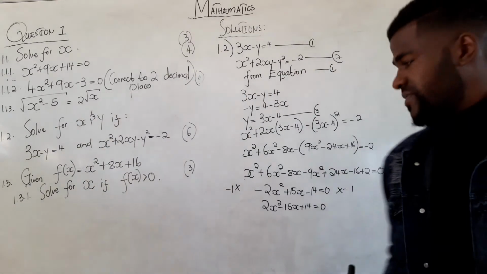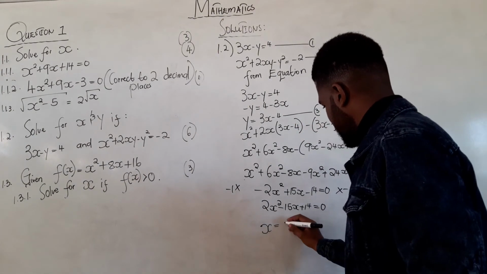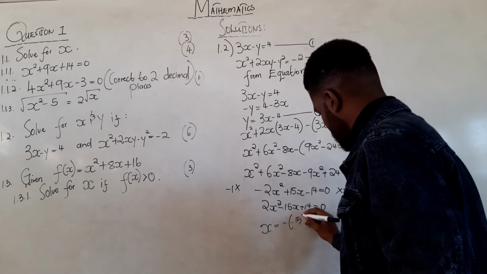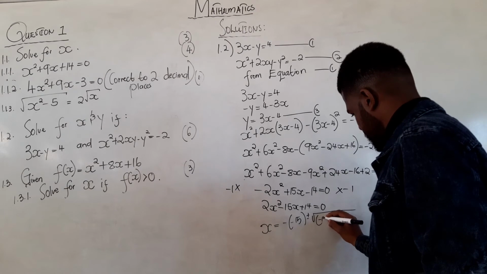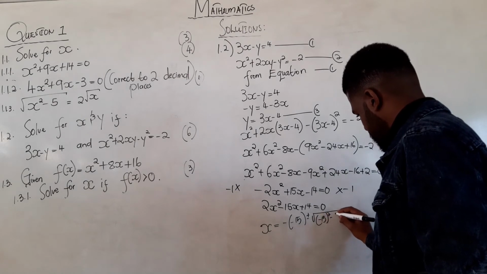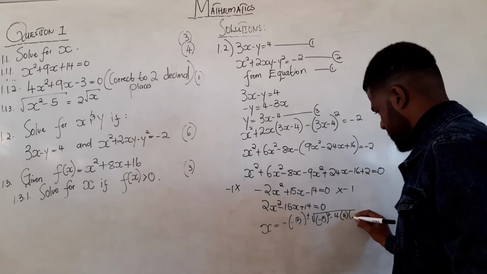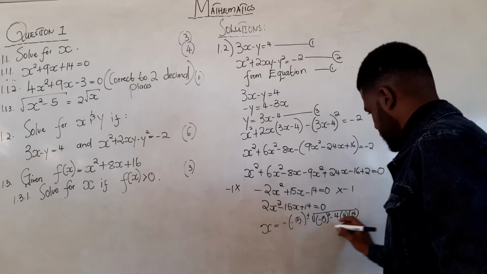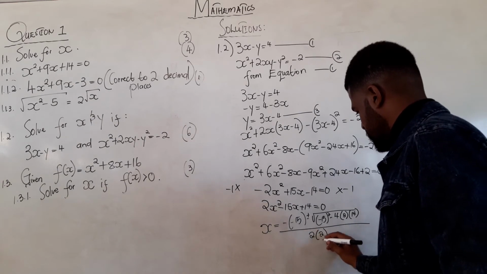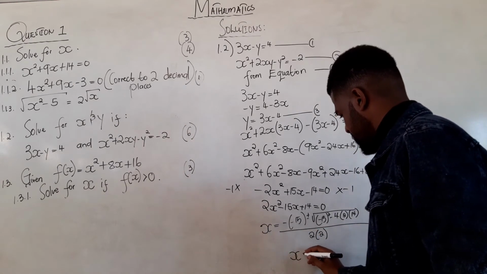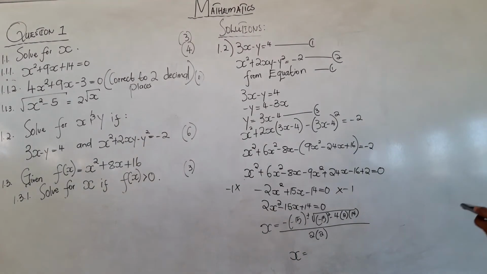Now let us use our quadratic formula, which is x is equal to negative b plus or minus the square root of negative 15 all squared minus 4 times a, where a is equal to 2, and c is equal to 14, all divided by 2 times 2. Therefore, let us put everything inside our calculator.